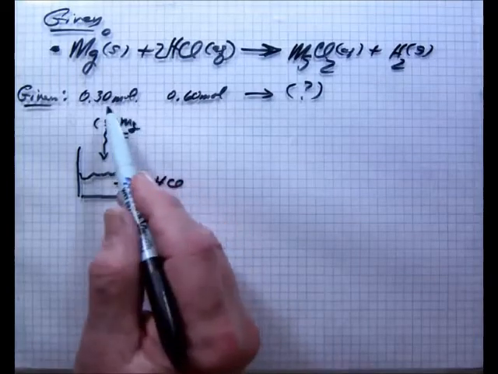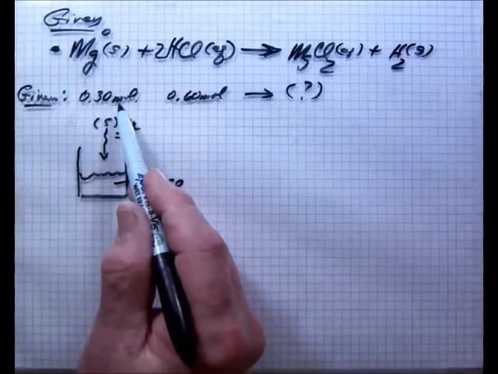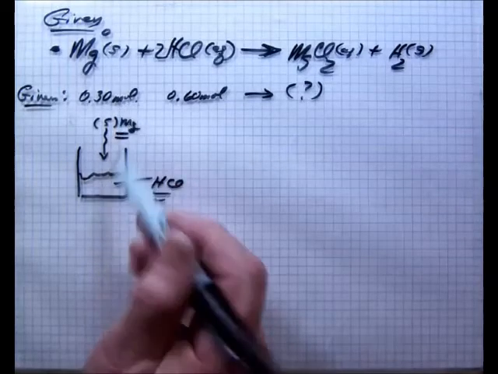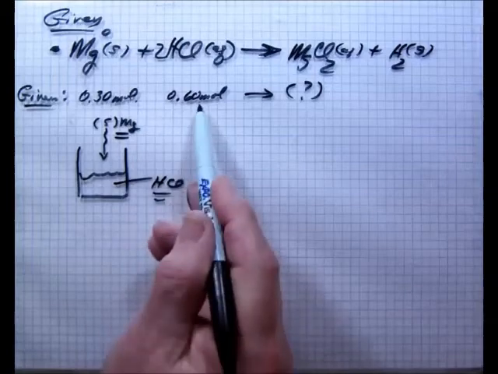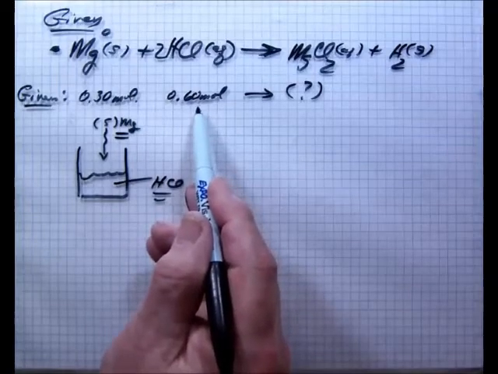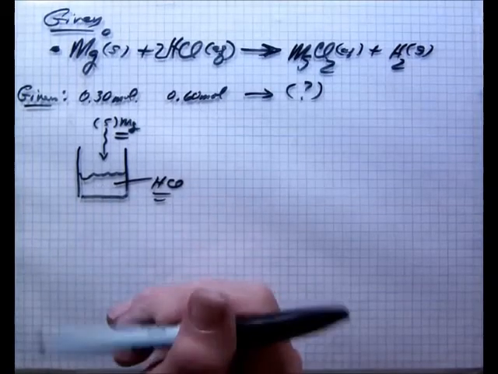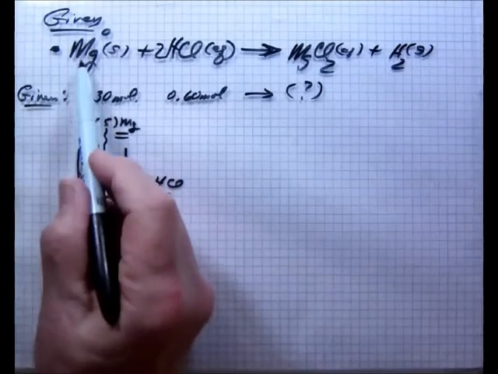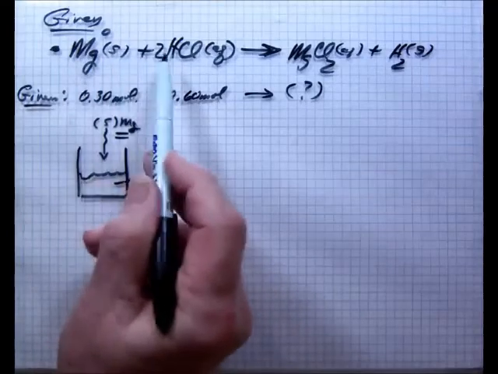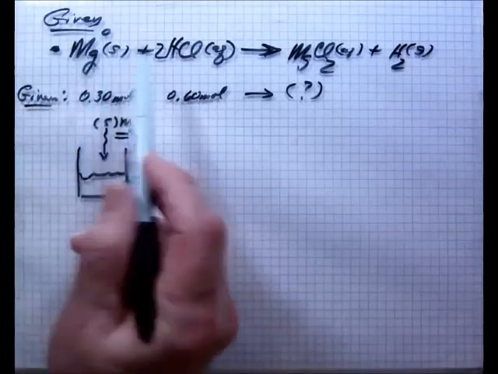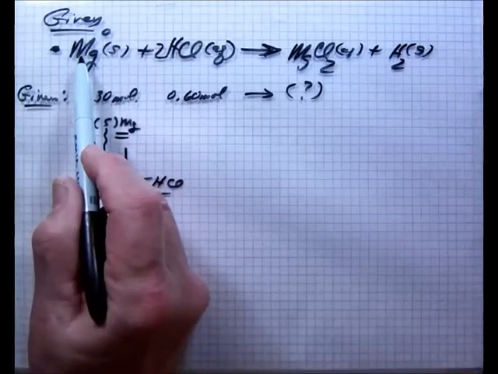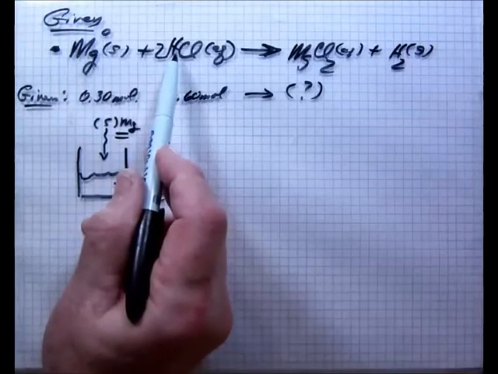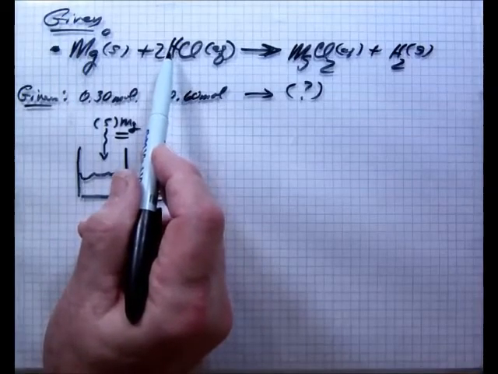Okay, so when you throw the 0.3 mole of magnesium in here, how many moles of the HCl did you react with in here? Is the question. Well, you look at your equation, and the equation says you're in a 2-to-1 reaction ratio. For every 1 mole that you drop in, you react with 2 moles of HCl.